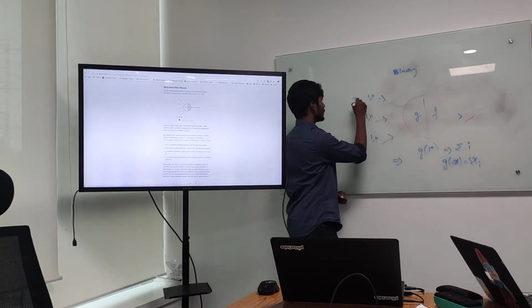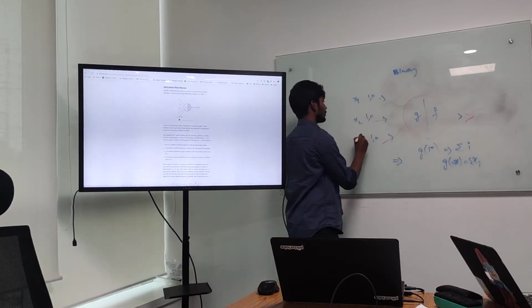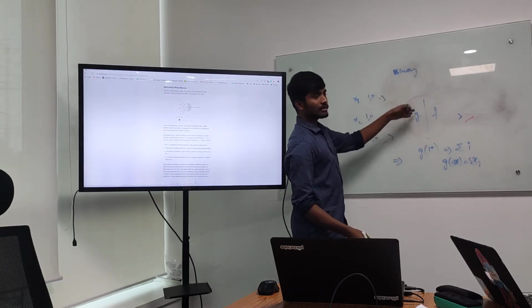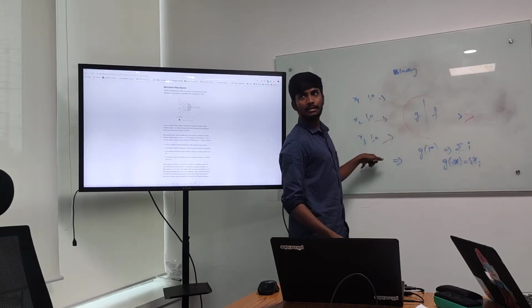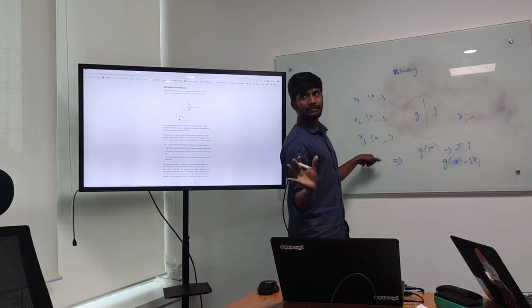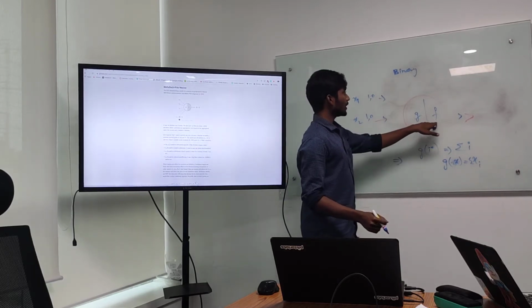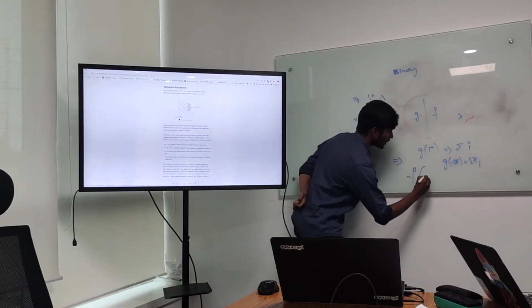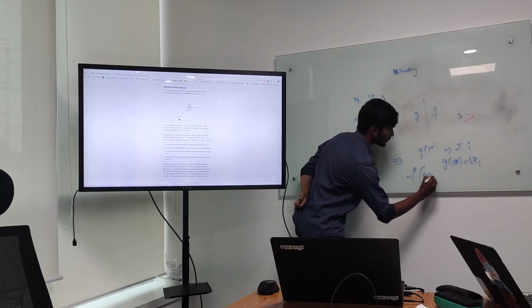Say this is x1, x2, x3. So my g of x for this neuron would be x1 plus x2 plus x3.